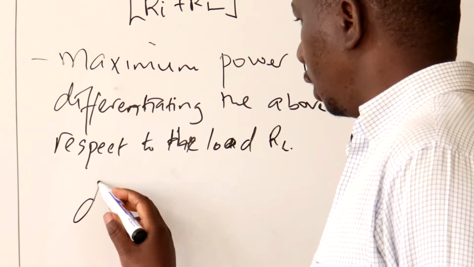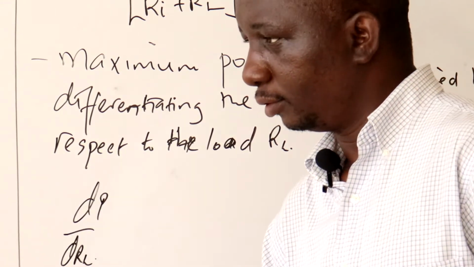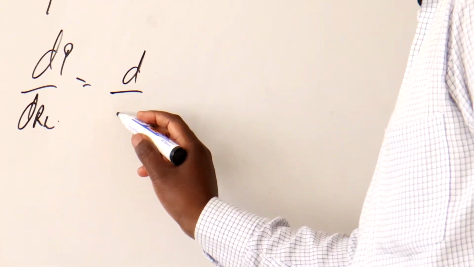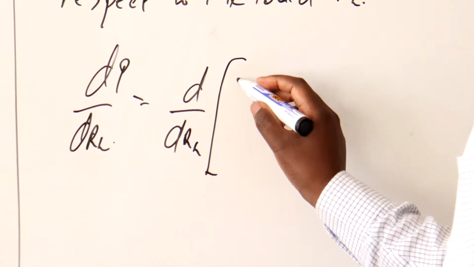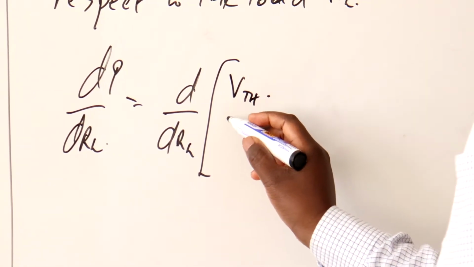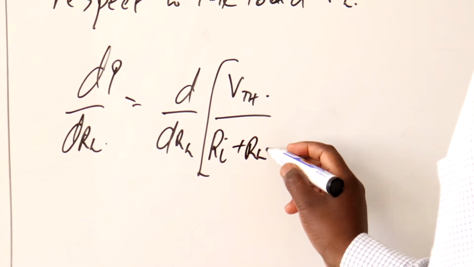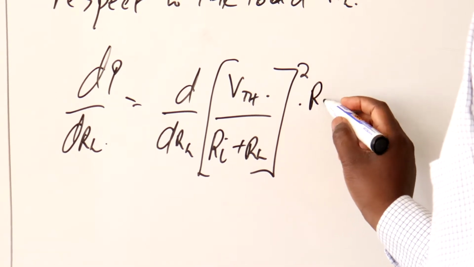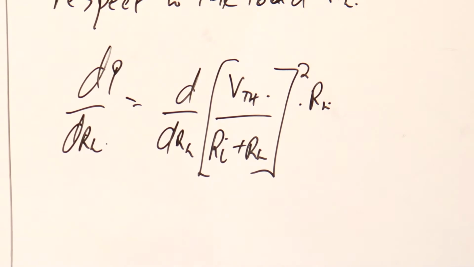We get dP by dRL, which means we get d by dRL of the entire equation, VTH over RI plus RL, squared, multiplied by RL. That's the equation we're going to get.